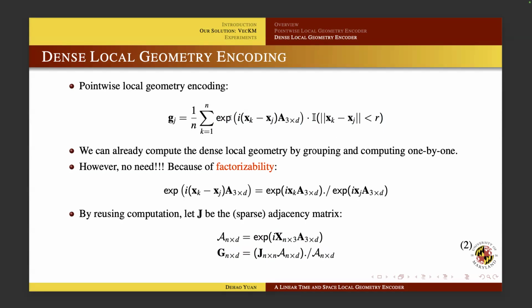The most important takeaway here is that we have the point-wise local geometry encoding computed by this. If you write it in matrix form, it would be J, which is the sparse adjacency matrix, multiplied with A, where A is this formula, and element-wise divided by A. This is because we want to centerize the points, so this will give you a translation invariant local geometry encoding.